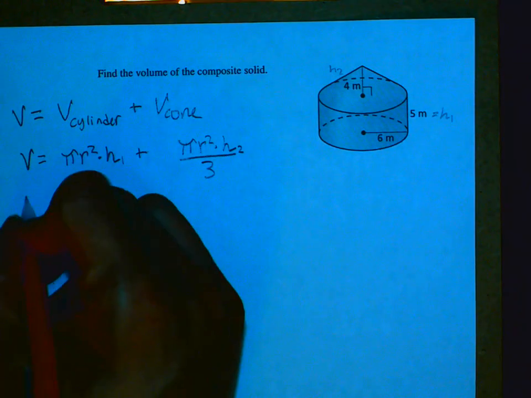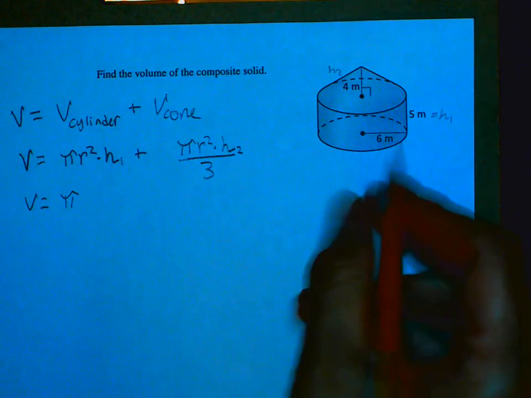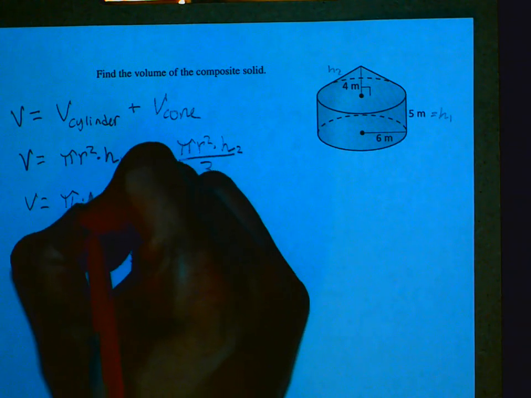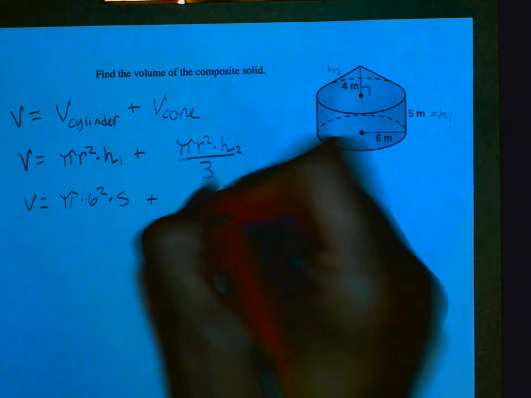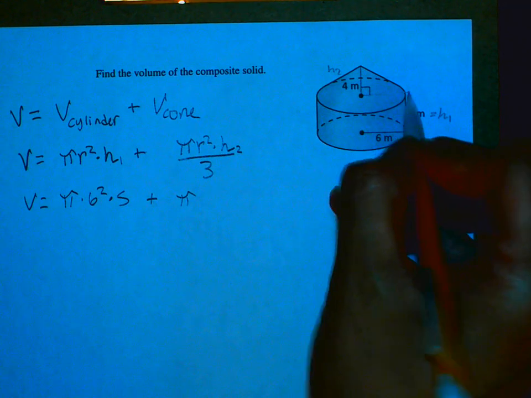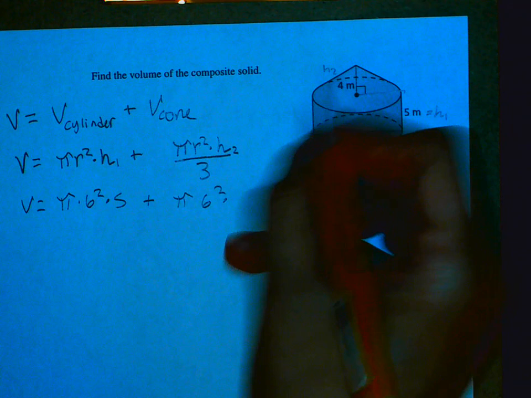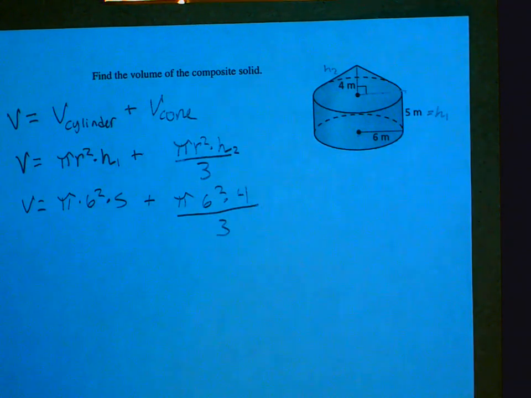So all you've got to do is plug it in. The radius of the bottom base is 6. So that's 6 squared, and the height happens to be 5. The radius is the same as this radius, so that would be 6 squared times the height of the cone, which happens to be 4, all divided by 3.